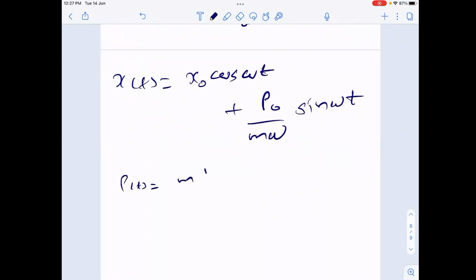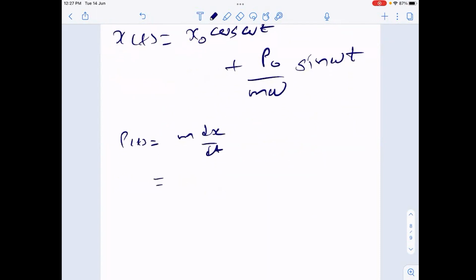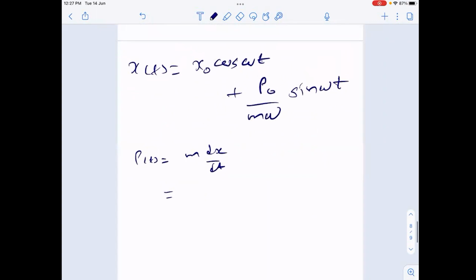This is very simple, p is m dx by dt. If you do that, you can keep m omega out from the first term, and what you will be left with is p0 cos omega t minus m omega x0 sine omega t.